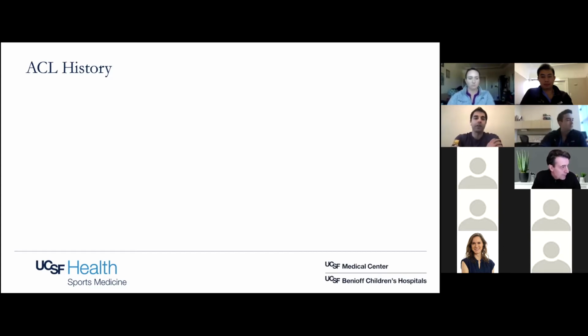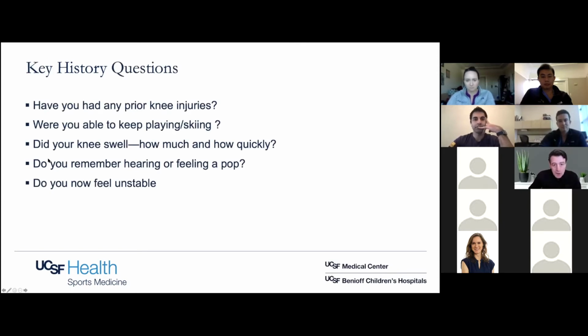Okay. Ability to return to play. I'm assuming the person had this injury while playing. People talk about the pop. I don't think it's the most reliable thing, but I would definitely ask about that as well. How reliable is it? 70%. 70%. Good job.